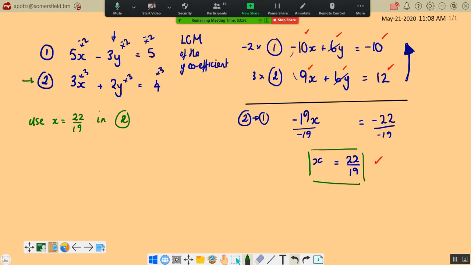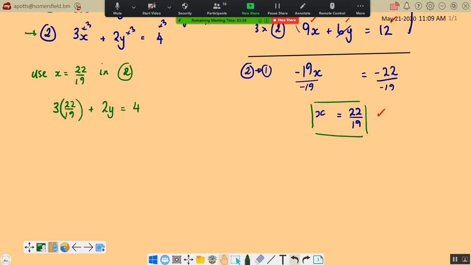So we've then got, using number 2, 3 lots of x. So that's 3 lots of 22 over 19 plus 2y's is equal to 4. Are you happy with what I've done there, everyone? Yeah. So it's difficult numbers, but it doesn't change the maths. And sometimes I think some of you think, oh, because the numbers are more difficult, the maths changes, but it doesn't.